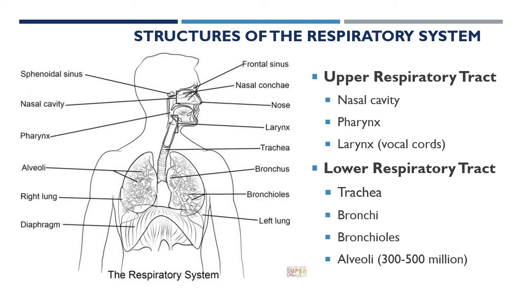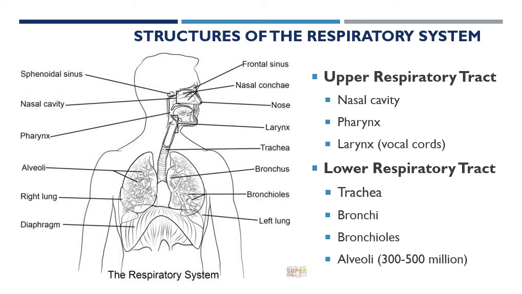Okay, and you have hundreds of millions of alveoli, and that is where gas exchange will take place. Okay, so there's no gas exchange at all in the bronchial tubes, the trachea. The gas exchange takes place in the alveoli.